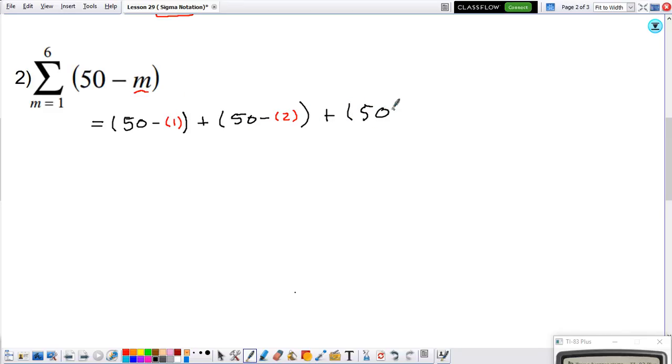So now I'm going to have 50 minus 3, and notice that in red, those are the numbers that I'm going to keep substituting with. The 50 does not change because in your original expression, 50 stays as 50. The only thing that is changing is the variable. So now the next number is 50 minus, now we got 4.